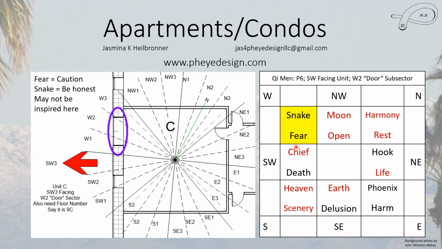So you may not feel very inspired to improve your life, but you're going to be happy. At least to a certain point where maybe you realize things need to change. But you know, you really want to be inspired. And so if you need to do that, I would say this is your best door.